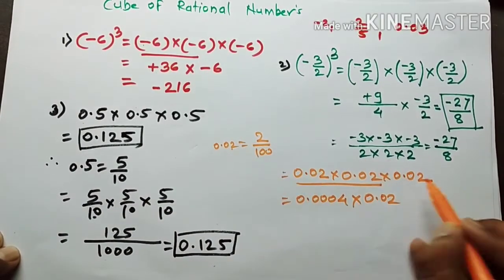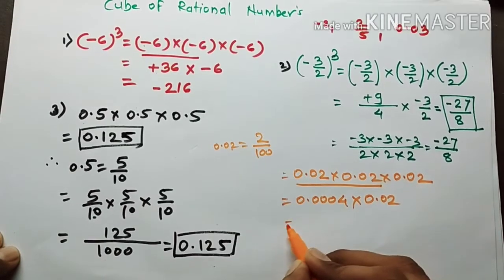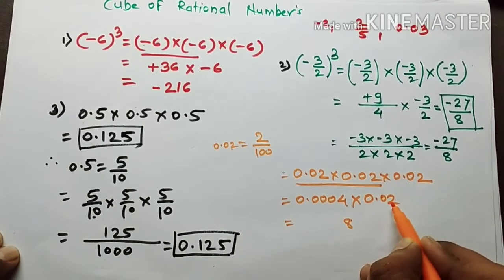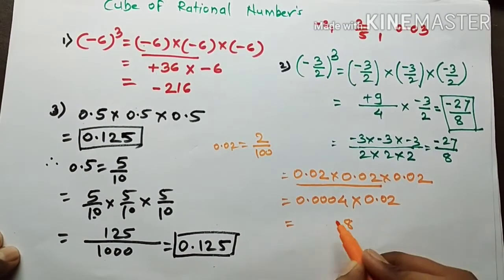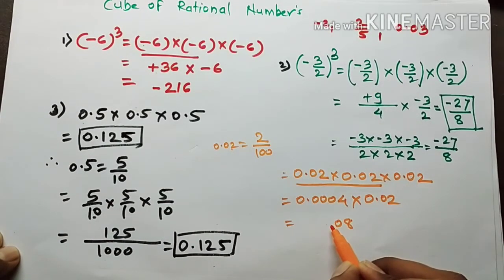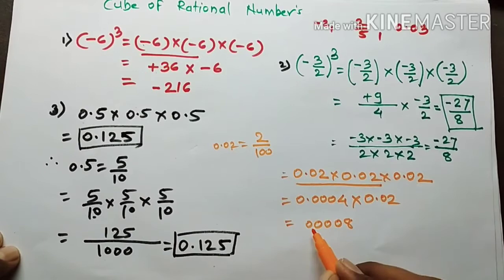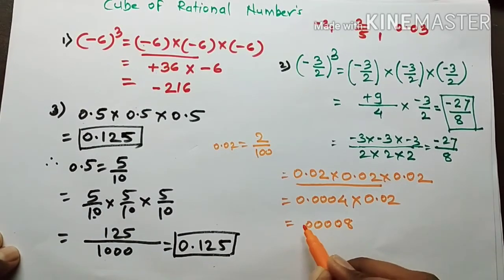Simply, this method is not confusing. We get 4 into 2, 8, and count the places: 6 places.